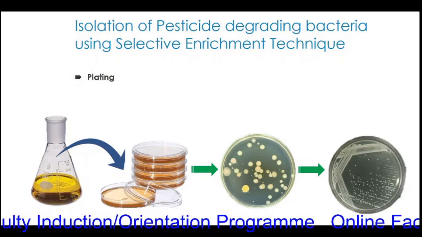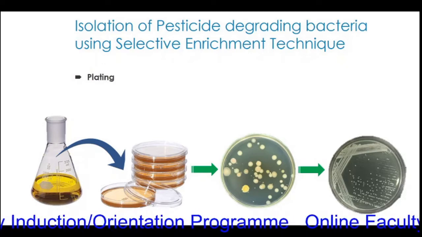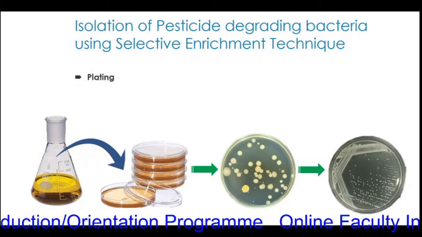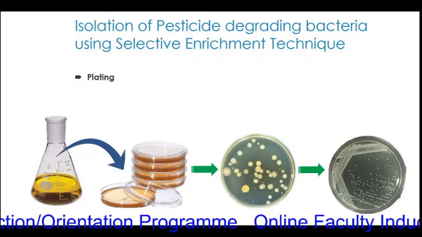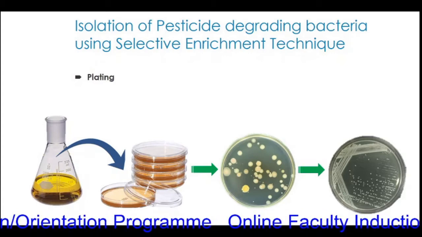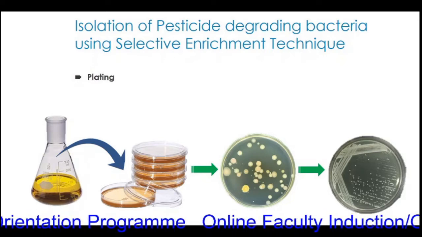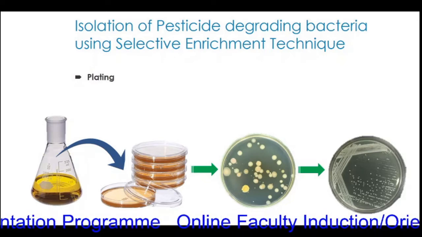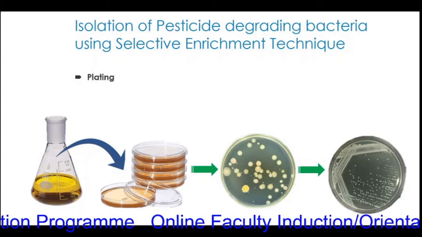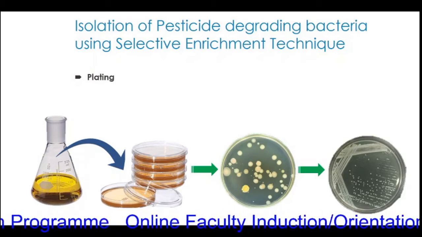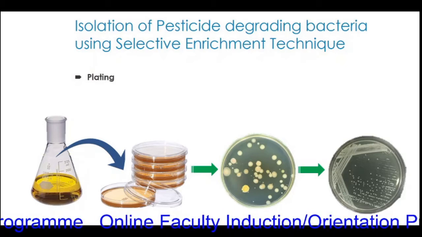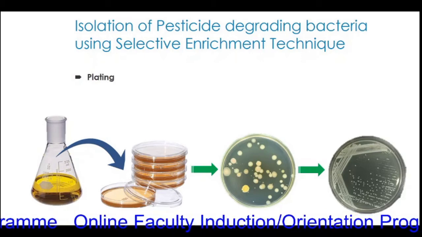Once the broth enrichment is over, you take a very small amount of the enriched media on a petri dish and spread it. Then you will get distinct bacterial colonies which are capable of utilizing the pesticide as the energy source. You pick an individual colony and streak it on a fresh agar plate.